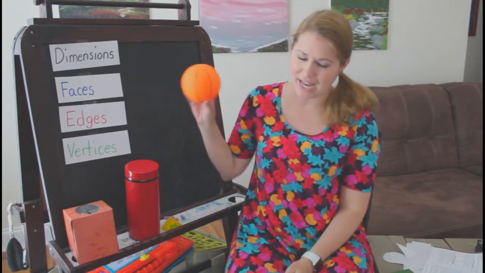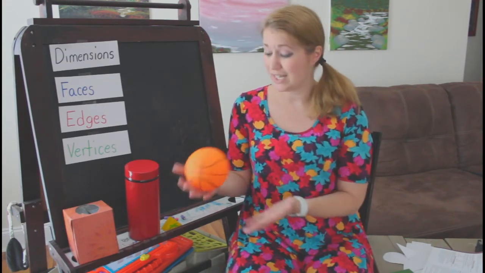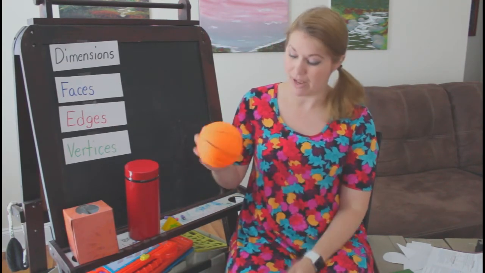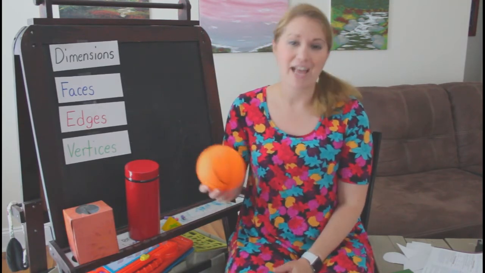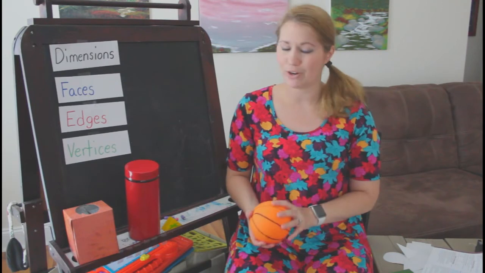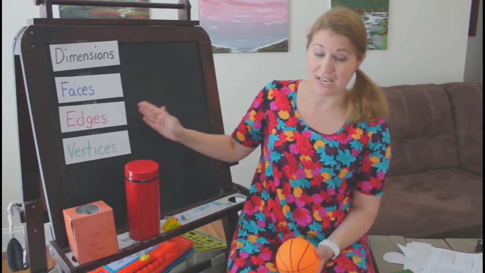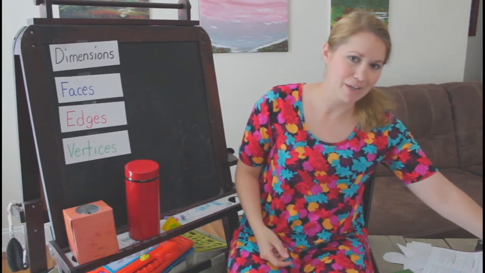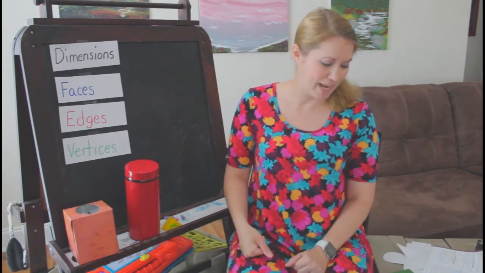It does not have faces, edges, or vertices, but it does roll, and that's neat about it. This shape is completely unique. It does not have any edges, any vertices, any faces. So just make sure that you mark that one on your book. You'll have that one again towards the bottom of your page.